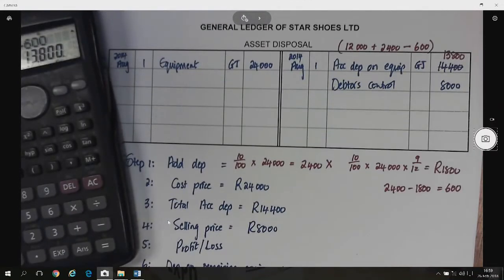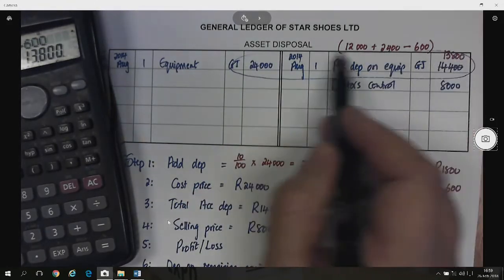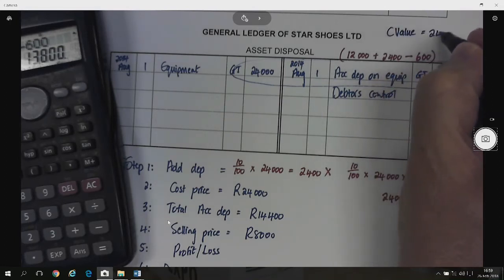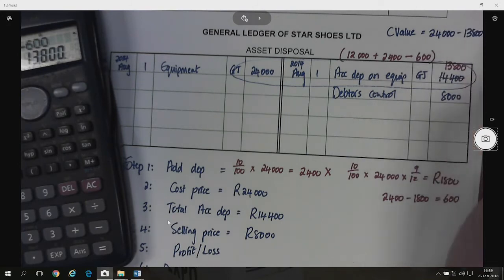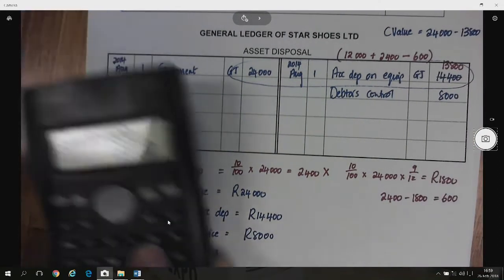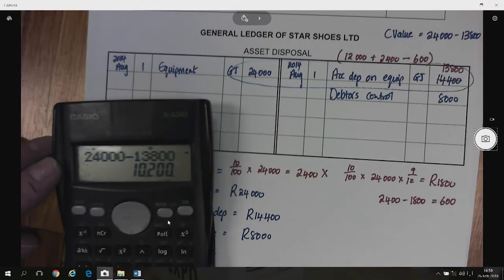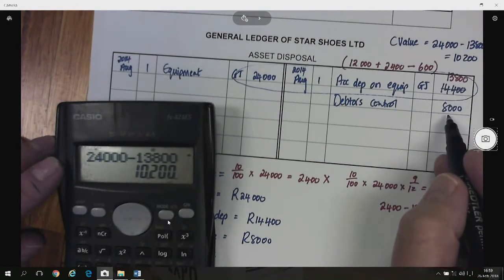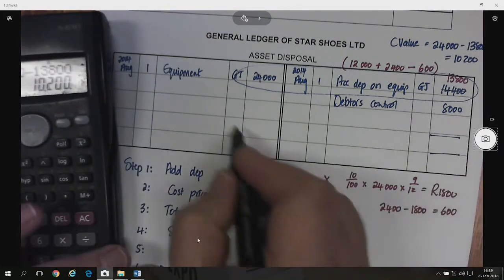8,000 Rand. And then you ask yourself, what is the carrying value? What is the carrying value on the date of selling? That is the 24,000 minus the 13,800, the correct amount. And that gives you 24,000 minus 13,800. That gives you 10,200 Rand. We sold it for less, so we are going to make a loss.